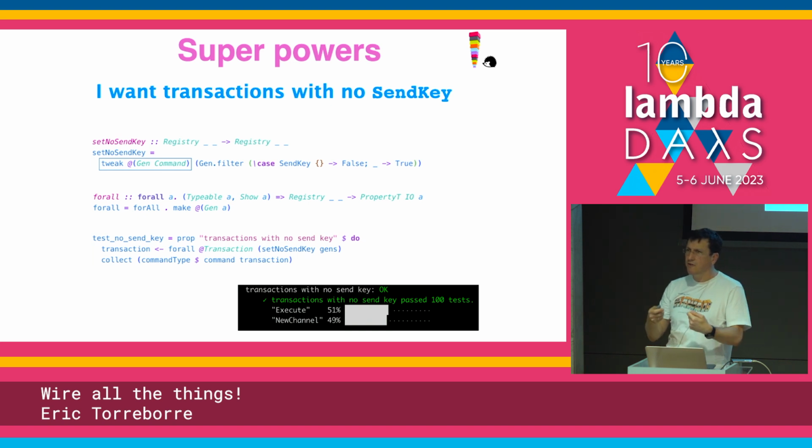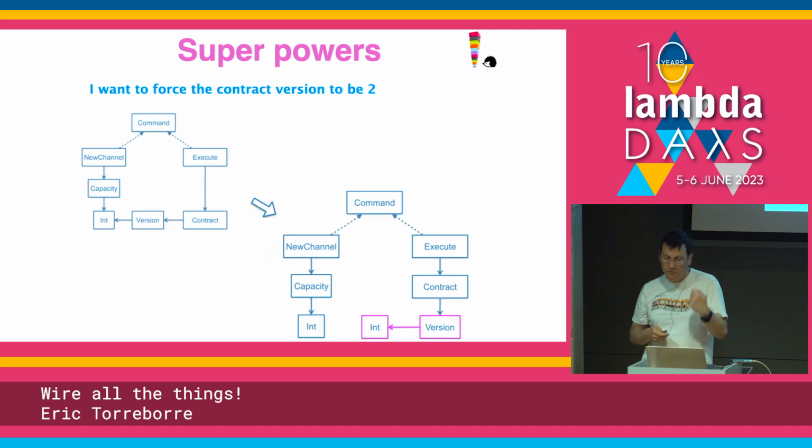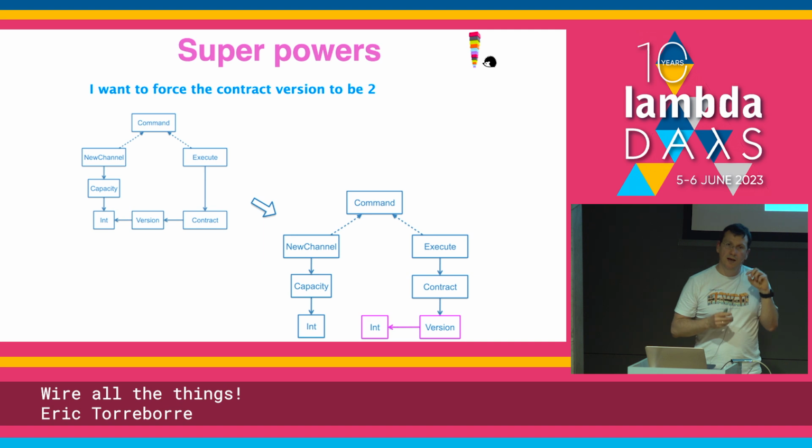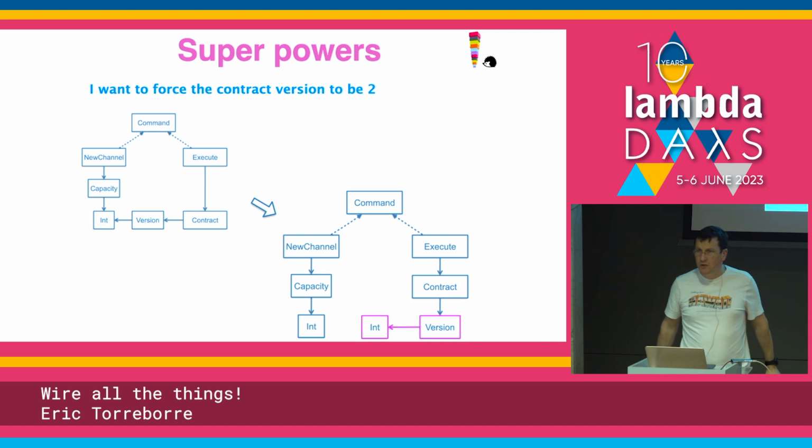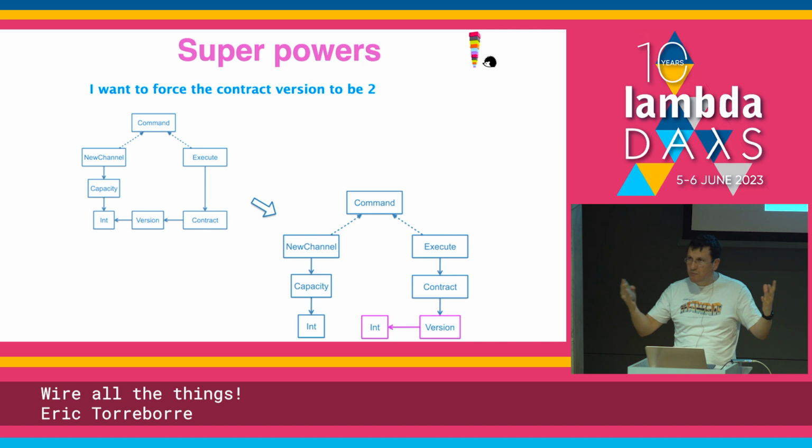And actually, you can go even further. In some cases, it's even useful to be able to say, oh, actually, I want my contract version to be only 2. And you could say, what if I just place a generator on top of all of this, saying, now, every time you generate an int, you set it to 2. Well, that would be a bit naive, because you don't want 2 to be everywhere.